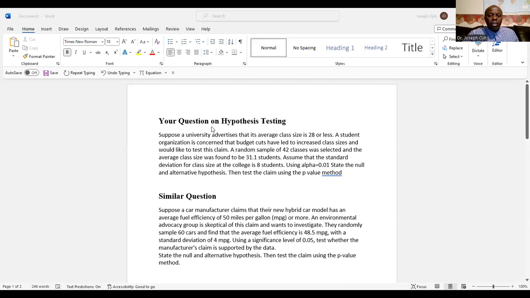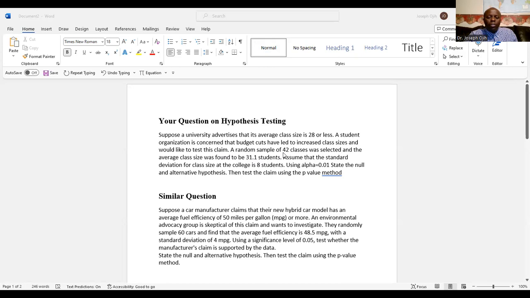Now, look at the question that you sent to me. Let me share this. It says, suppose a university advertises that its average class size is 28 or less. A student organization is concerned that the budget cuts have led to increased class sizes and would like to test this claim.